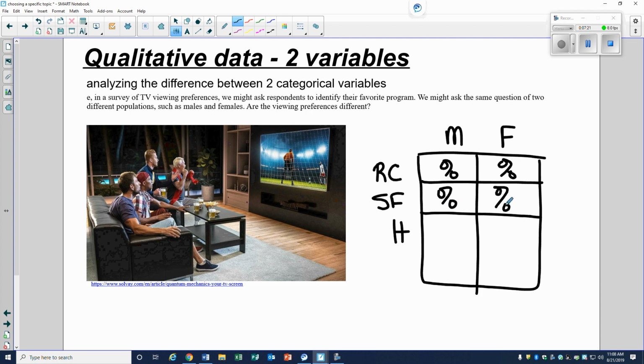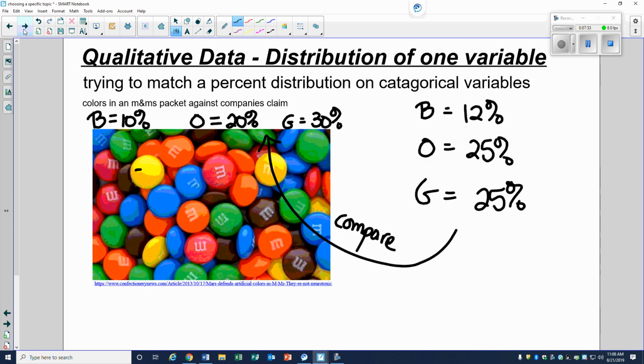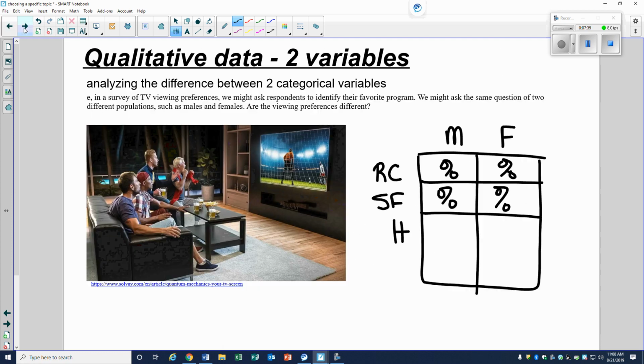Now that looks a lot like the previous two that we did. However, for this one, we were looking for an association between them. Does one tend to like more than the other? This one, we were matching against a percentage we already had. This one, what we're looking to see is if there's a difference between the two groups.